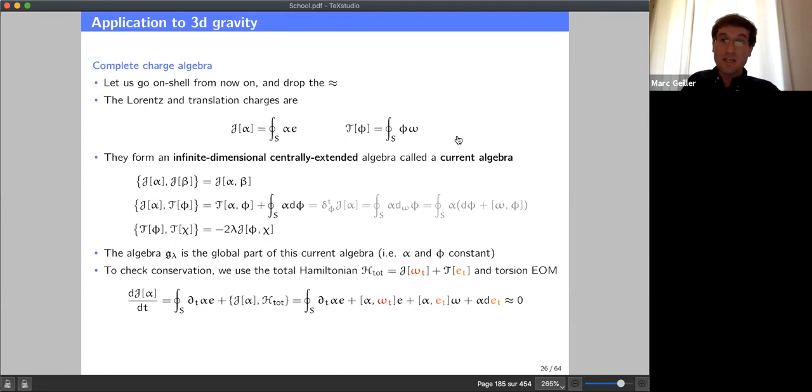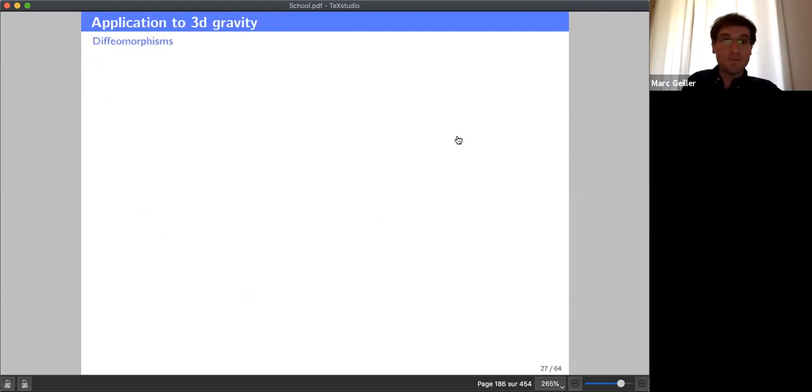In the case of translations, this contribution is here, but it's integrable. So you have no integrability problem, but the Hamiltonian charge is not the Noether charge, because this piece is secretly here. And in the case of diffeomorphisms, as we saw, this piece is here, and we have to discuss its integrability. So this is what we do exactly now.